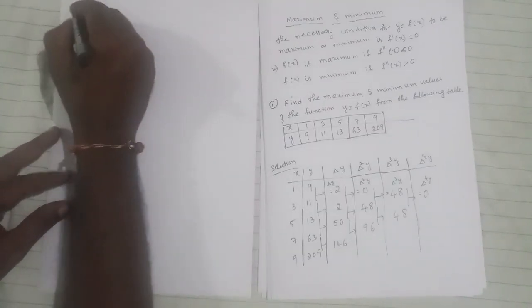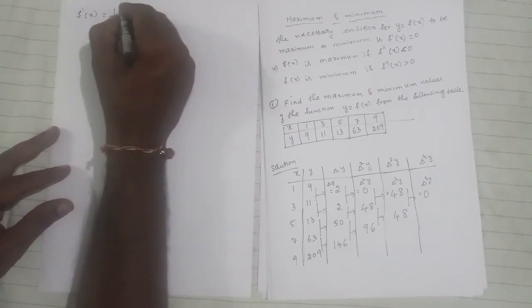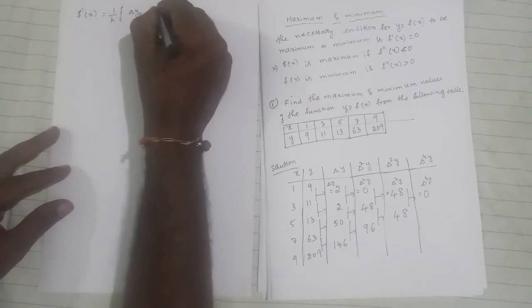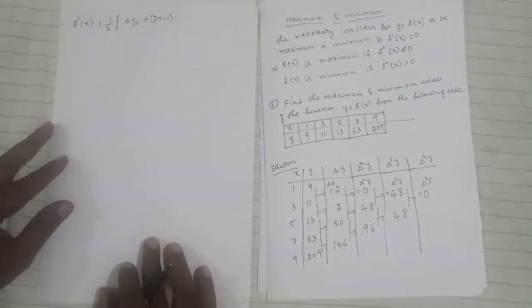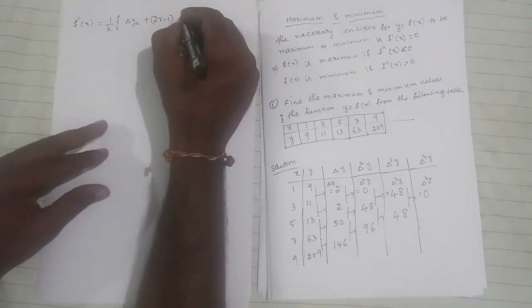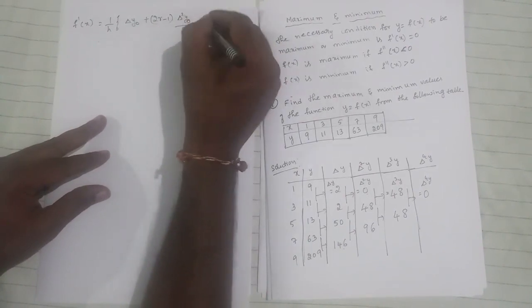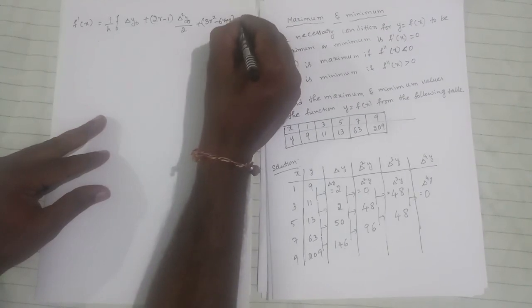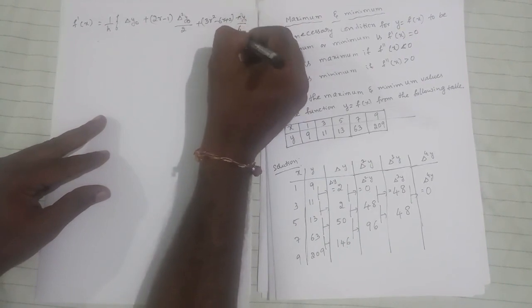So here f dash of x equals 1 by h into delta y naught plus 2r minus 1 into delta square y naught divided by 2 plus 3r square minus 6r plus 2 into delta cube y naught divided by 6, and so on.